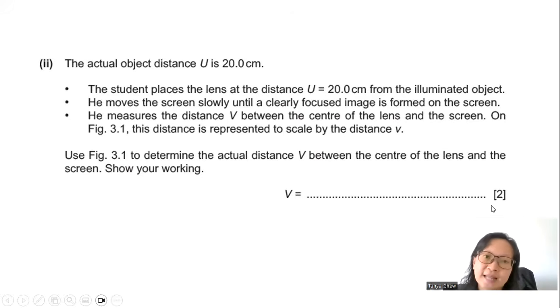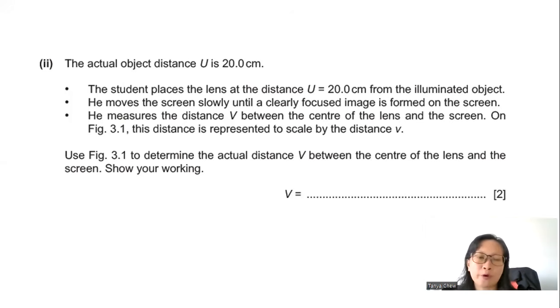The student places a lens at a distance U equals 20 cm from the illuminated object. He moves the screen slowly until a clearly focused image is formed on the screen. He measures the distance v between the center of the lens and the screen. On Fig 3.1, the distance is represented to scale by the distance v.